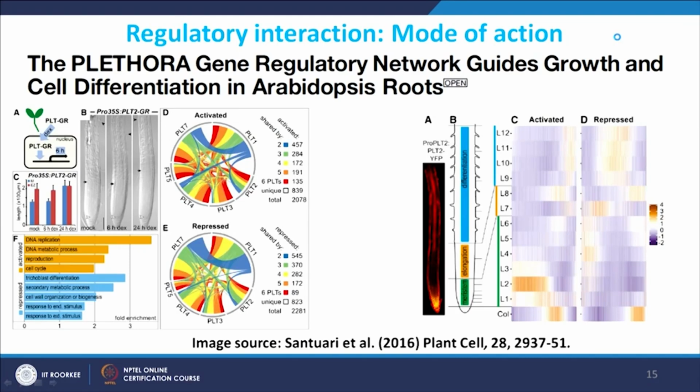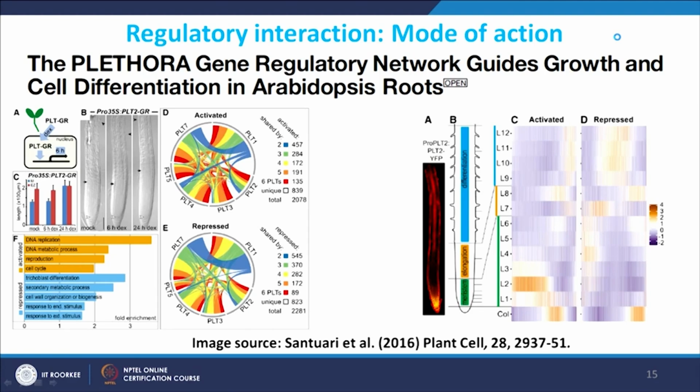Then another very important thing, particularly with transcription factors, is that if you want to nail down the mechanism, how a particular transcription factor is regulating a particular developmental pathway, you have to identify what genes are regulated by this transcription factor. And this you can do again at the gene level, or at the global level.